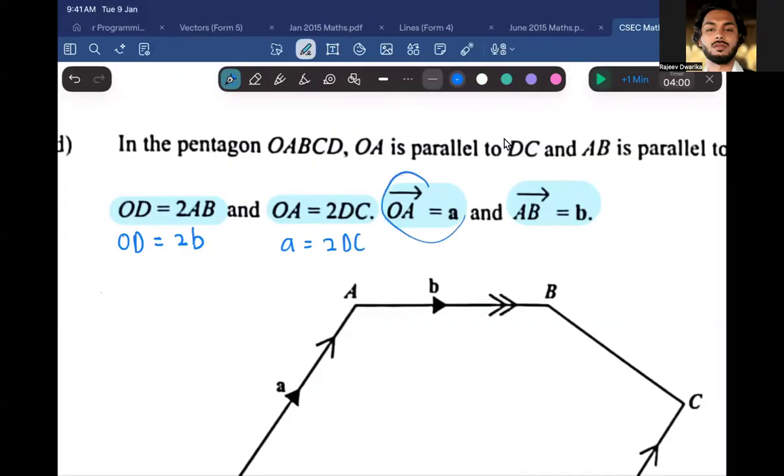OA is literally the same thing as A. If I want to find DC, I would have to divide by 2 on both sides. So D to C is just a half of A.